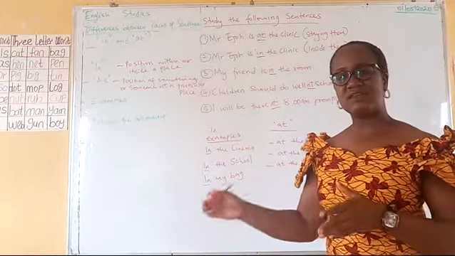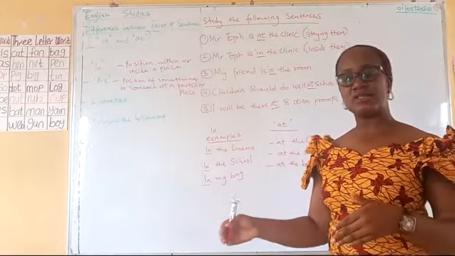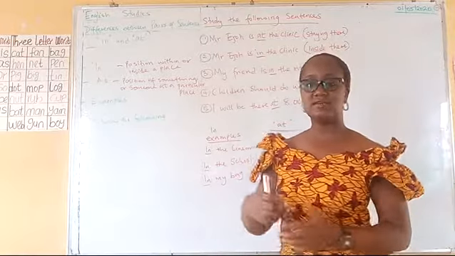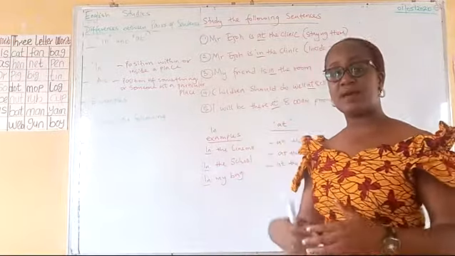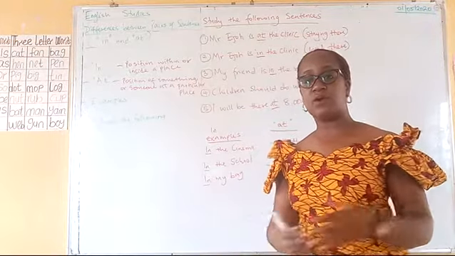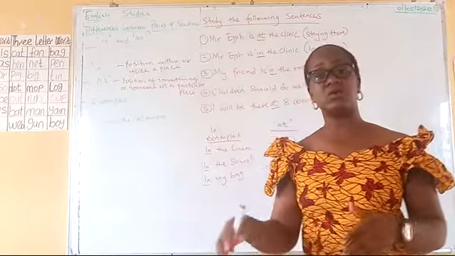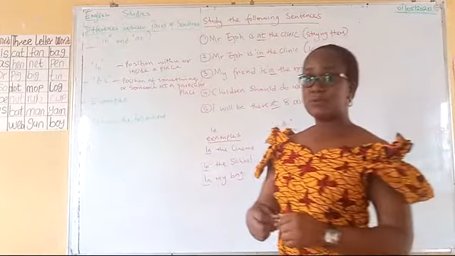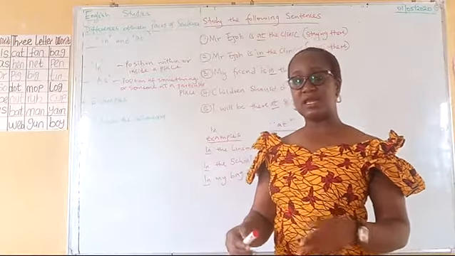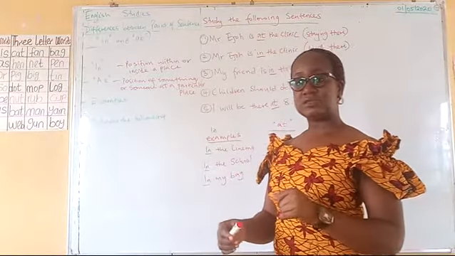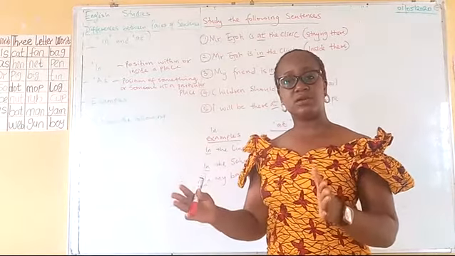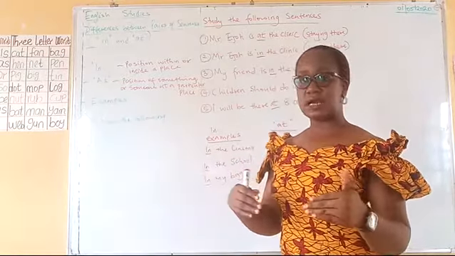So that is the difference between in and at. Remember we said when we have a pair of sentences and the difference is the in and the at, in simply tells us if you are inside or within. But for at, we are looking at your position. Both show position, but for in, it's simply expressing position within or inside.